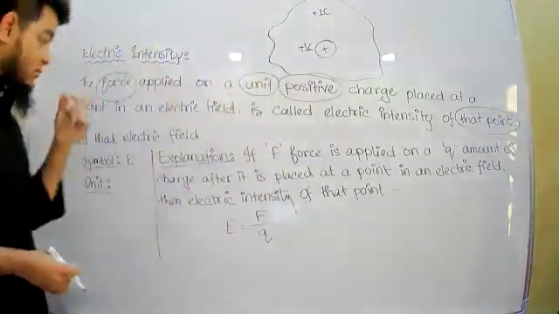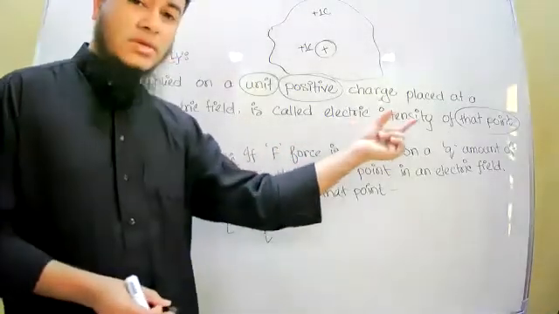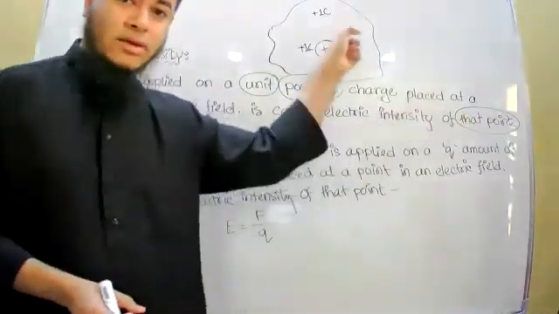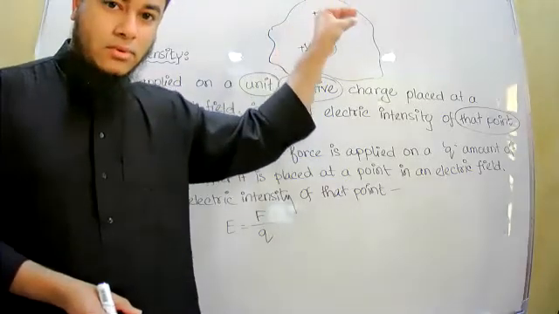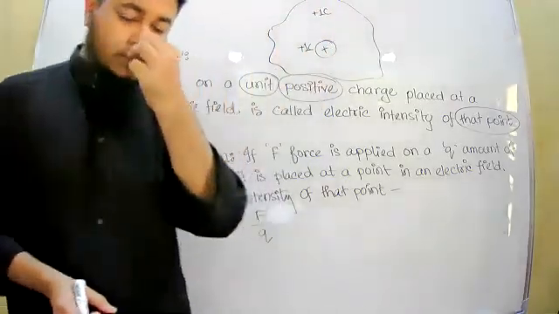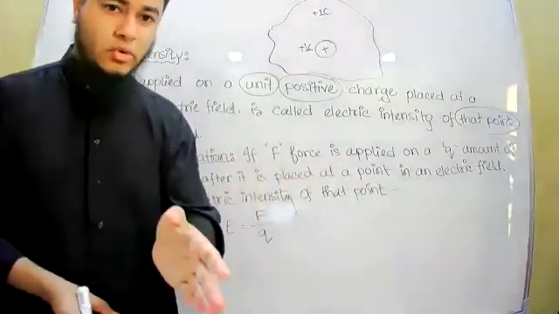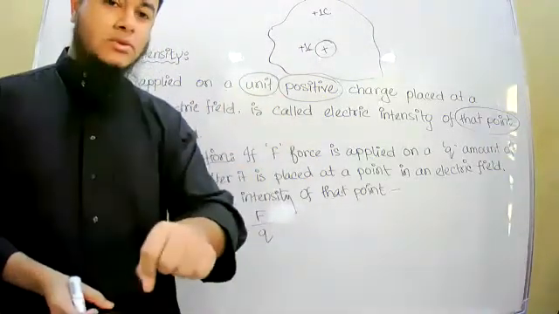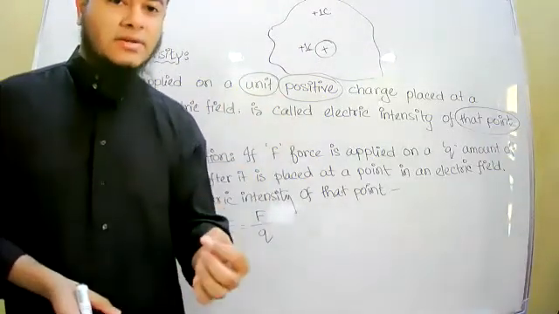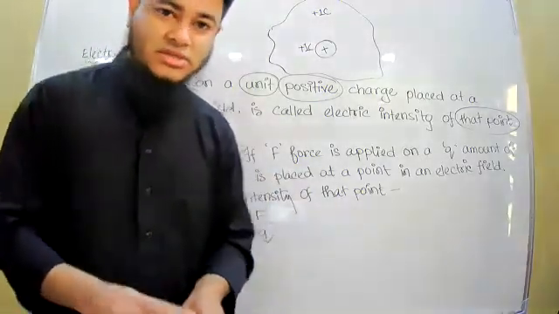That is why it is important to mention that I'm talking about the electric intensity of that point where the unit positive charge has been placed. If you shift or displace it, the electric intensity will change, because the force will change as the point where we place it changes.